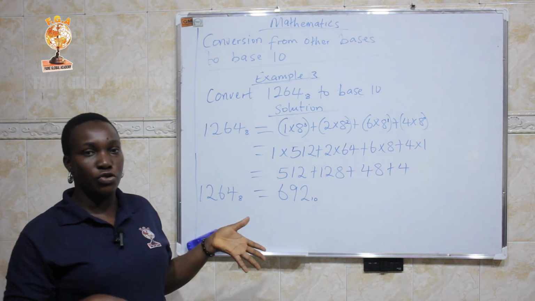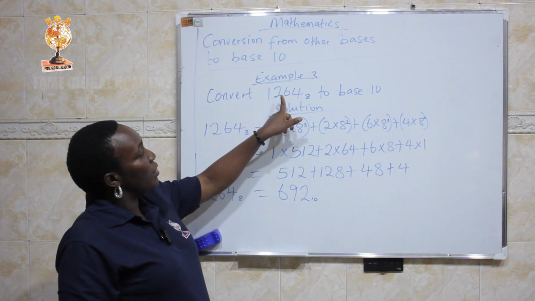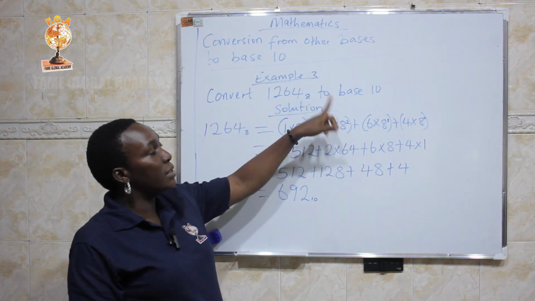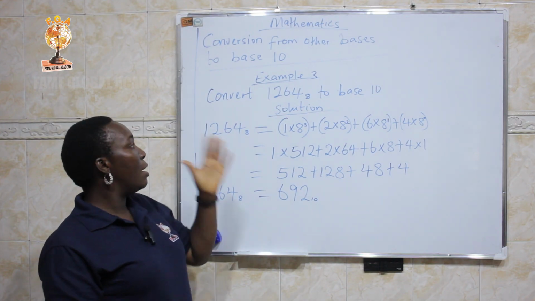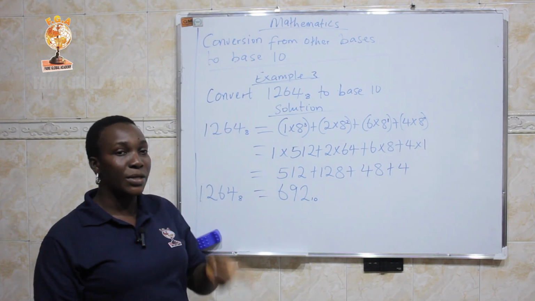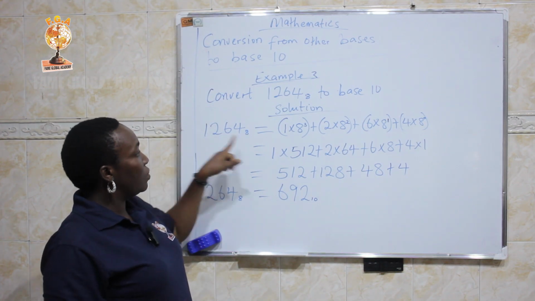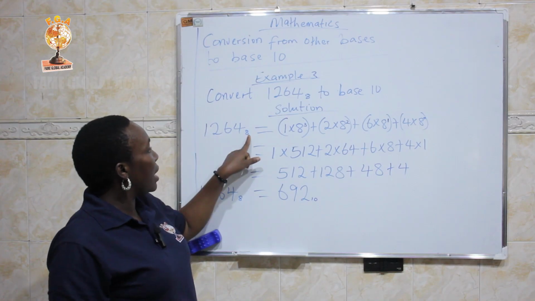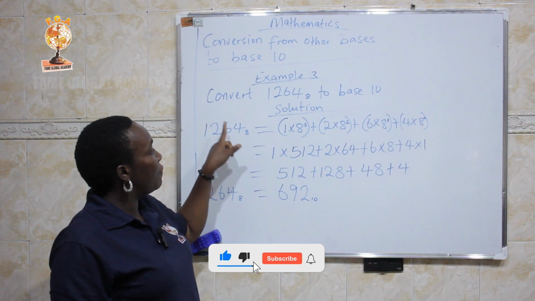Okay, so let's just go through it again one more time. So we are converting 1264 base 8 to base 10. The first thing you need to do is multiply each of the numbers one after the other by the base. So that's what we have here: 1 times 8, that's this, 2 times 8, 6 times 8, and 4 times 8.